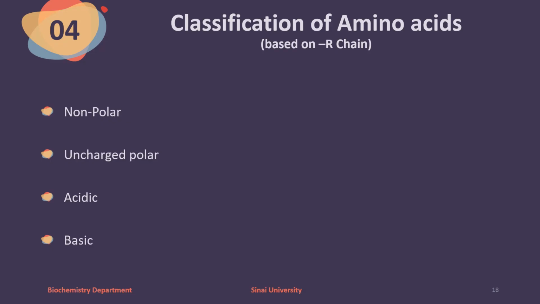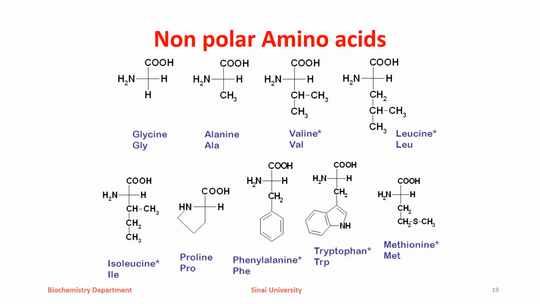In this slide we will talk about classification of amino acids according to side chain: non-polar, uncharged polar, acidic, and basic. As we see here, examples of nonpolar amino acids: glycine, alanine, valine, leucine, isoleucine, proline, phenylalanine, tryptophan, and methionine.